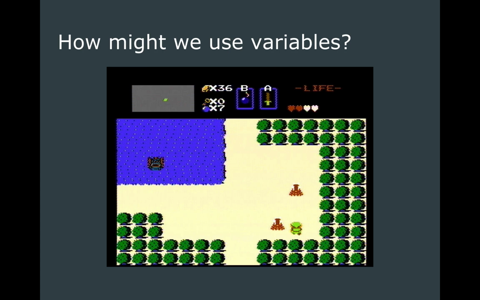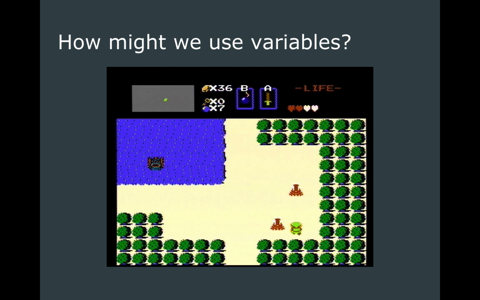I want to say in the world of Hyrule, which is where Zelda and Link live, that I think they're called rupees is their money. So we can see that Link has 36 rupees, 0 keys, 7 bombs. So those are all variables that would need to be kept. It's not something that just one answer block could keep.